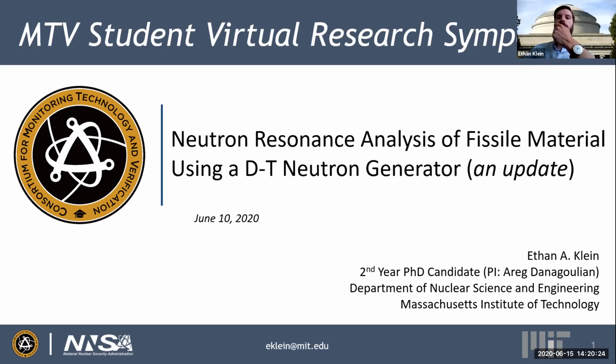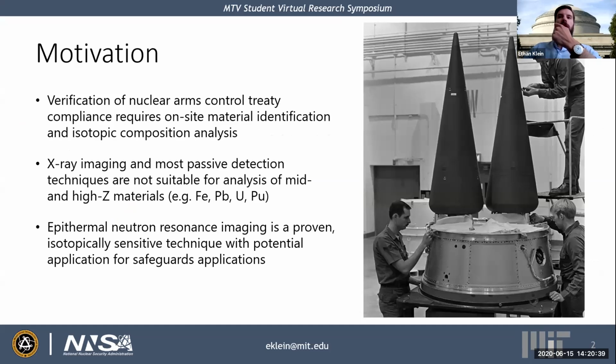So the topic is a common one in terms of my work for this consortium, and we'll be discussing use of neutron resonances using a DT neutron generator, so essentially a compact system for analysis of fissile material. In terms of motivation, one of the initial reasons that we were pursuing this work is nuclear warhead verification.